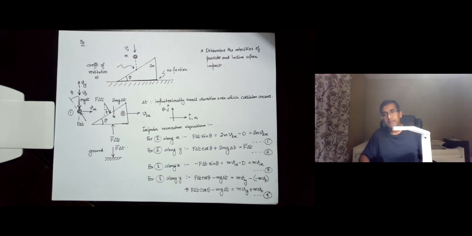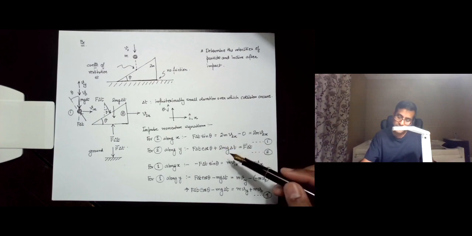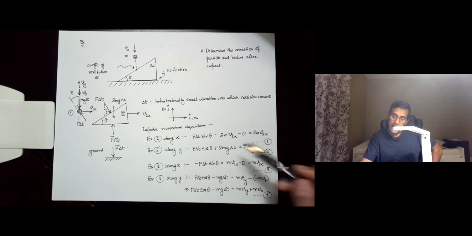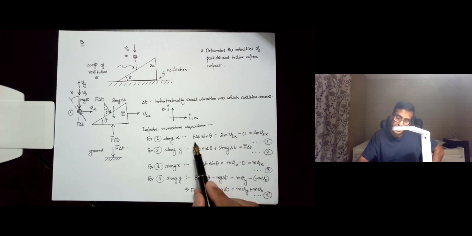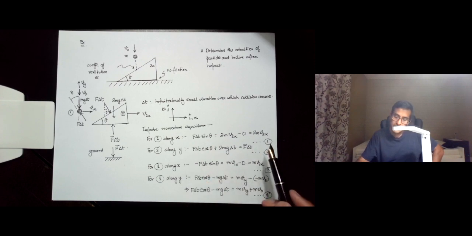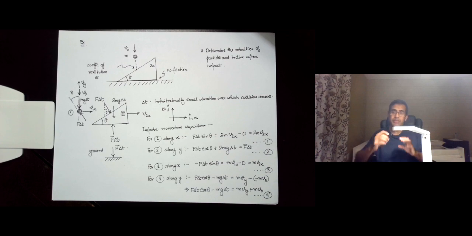Now the idea of the conservation of linear momentum equations in these collision problems is that if you carefully look at these impulse momentum equations, you can combine a set of equations and eliminate these impulse expressions and come up with a relation between just the velocities of the different masses that are undergoing collision.